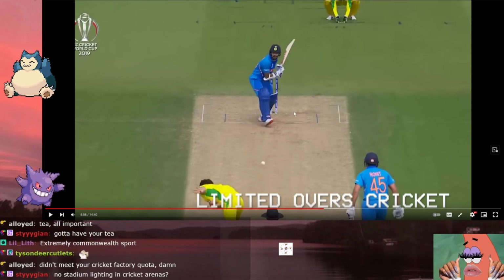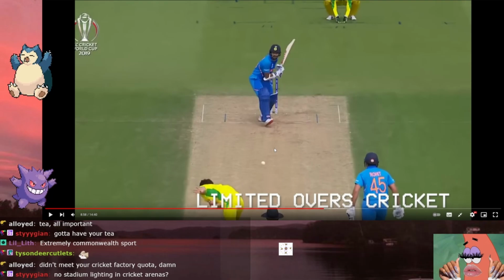There is stadium lighting, and there will be for one dayers, which is what we're about to talk about here. One dayers and T20s, you will use stadium lighting. But in test matches, generally not, and the reason comes down to visibility, because in a test match, you're using a red ball. In a limited overs match, you're using a white ball.